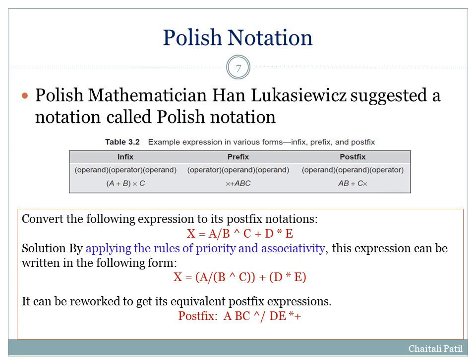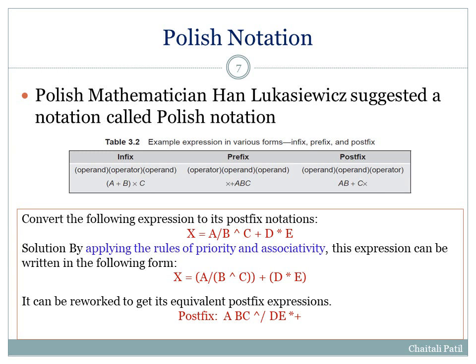Consider one more example. Here the example is x equals a divided by b raised to c, plus d multiplied by e. Now we have to convert this expression into a postfix form. As this expression doesn't have any parentheses, first we need to apply the rules of priority of the operators and associativity.